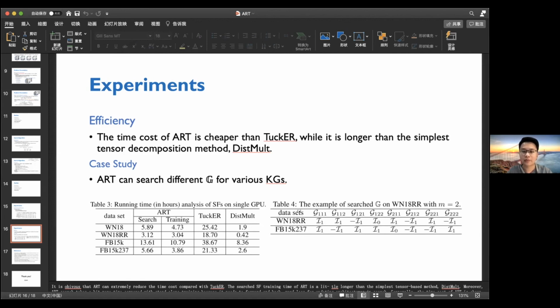But if you extend this work to be relation-wise, such as searching a sparse core tensor for each relation pattern, we think yes, this method could discover that. But in this paper, we do not. We only extend this work to data-wise, not relation-wise.